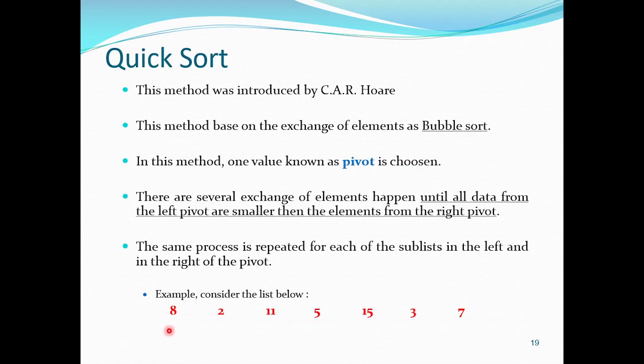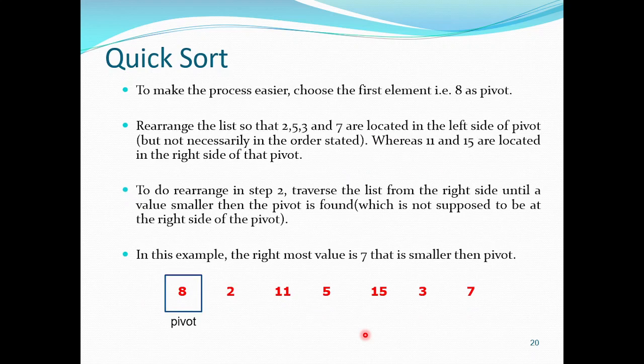Okay. Now to identify the pivot, we can have any number here as a pivot. We can have the pivot at the beginning, or at the end of the list, or in the middle. It's up to you. First we need to identify the pivot. So let's say we have 8 as a pivot.